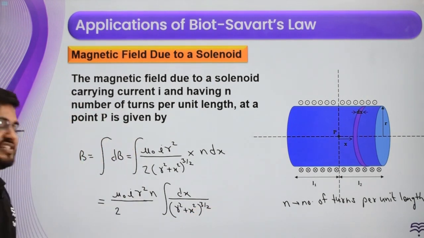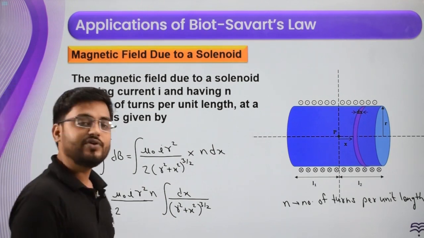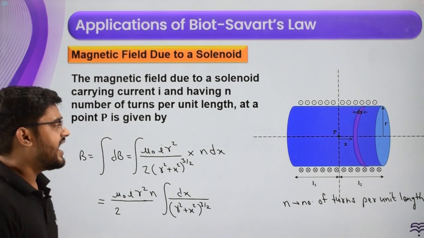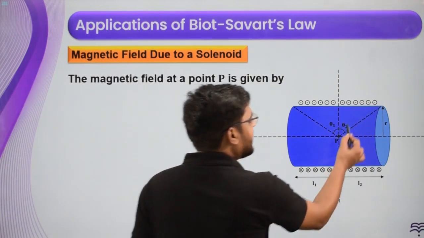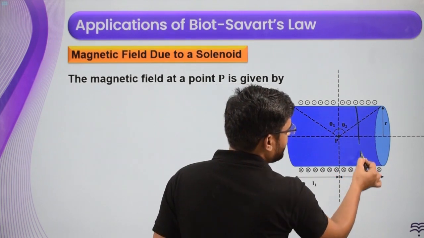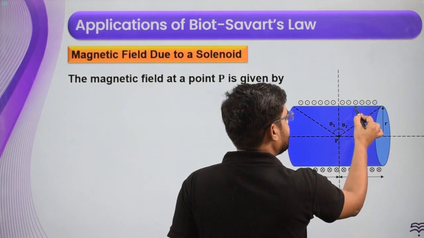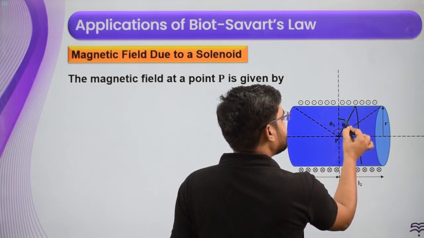Now for such integration we insert x is equal to r tan theta, right? So I am going to use substitution for this part. My coil, my x was somewhere over here. This is my dx, this was my coil. So I am saying connect it to point P, and let us say this angle is theta.